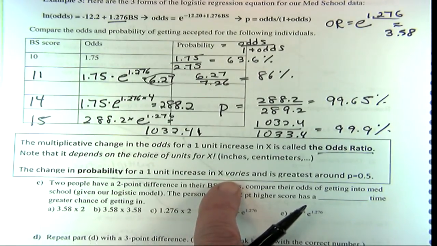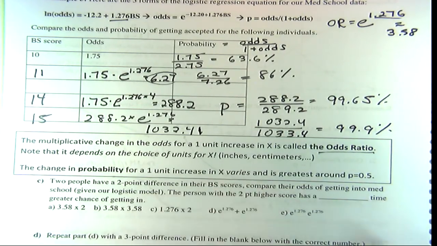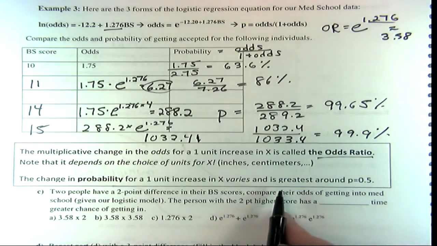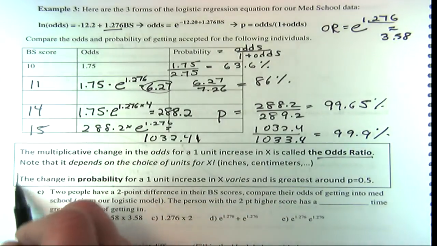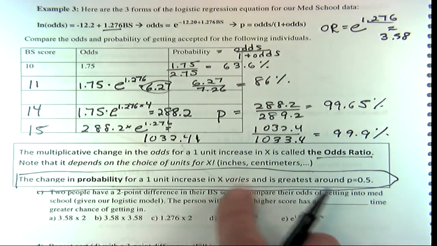The change in log odds you can describe as a fixed additive factor. The change in odds you can describe as a fixed multiplicative factor. But the change in probability you can't describe in a fixed anything.